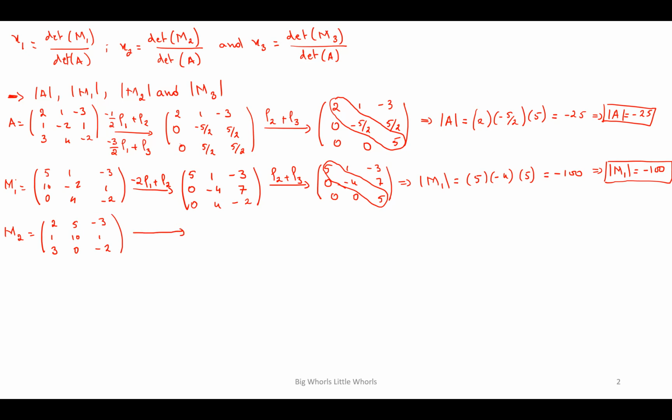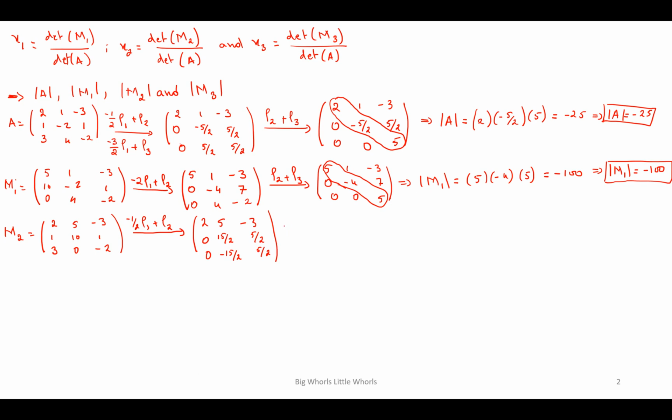Minus half row 1 plus row 2 gives us 2, 5, minus 3, 0, 15 over 2, 5 over 2, and 0, minus 15 over 2, 5 over 2.